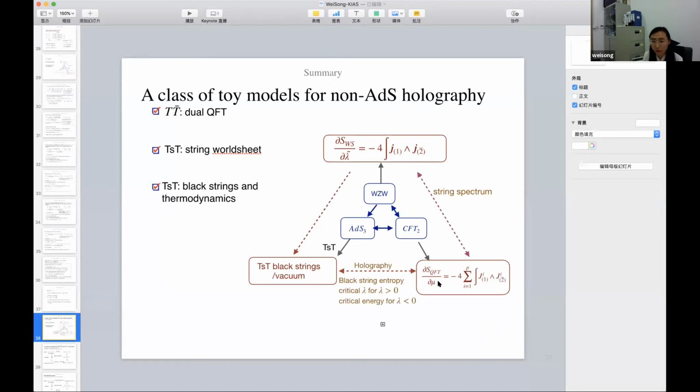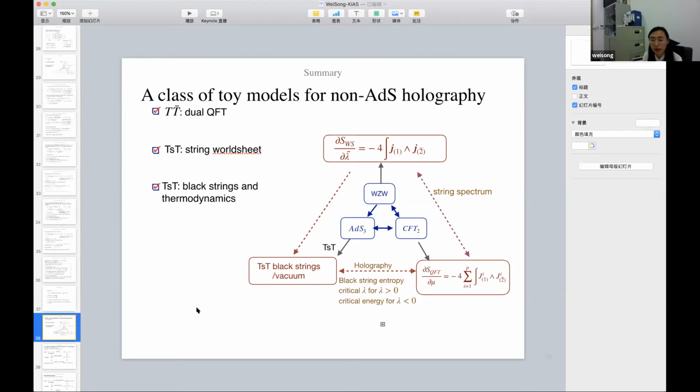One is TTbar deformation in the dual field theory, and the second language is using string worldsheet, and the spectrum can be derived using the TsT transformation, field redefinition, and the spectral flow. And the geometry has the nice feature that it is asymptotically flat. Hopefully that could tell us something about holography for asymptotically flat space.